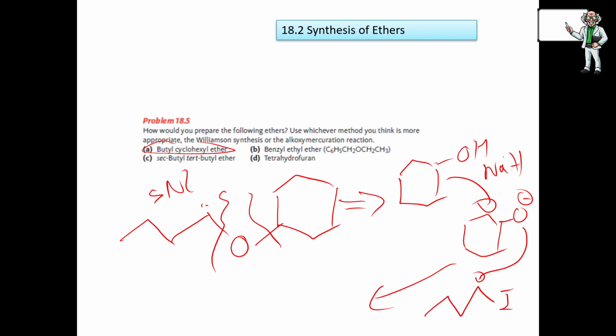I put iodide because it's the best leaving group. Remember, we form and destroy the bond at the same time in an SN2, and I get the final compound. Always, when I cut the molecule in order to see how I can synthesize this compound, I will put the alkyl halide on the part that will give me an easier SN2.